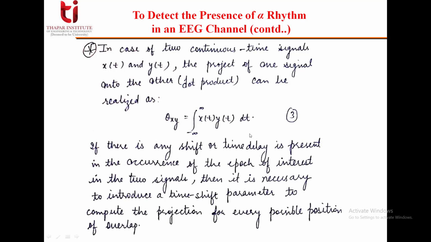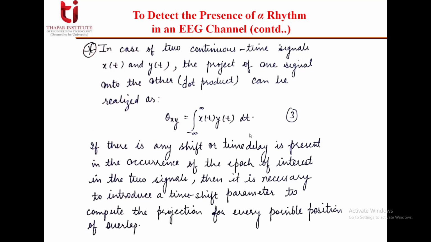If there is any shift, or time delay, between the two signals x(t) and y(t) in the occurrence of the epoch of interest, then it is necessary to introduce a time shift parameter to compute the projection for every possible position of overlap.